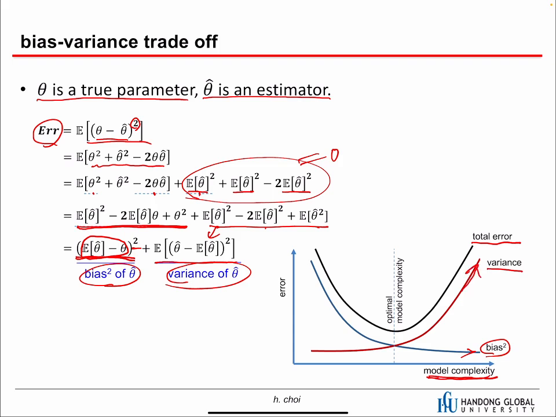So when the bias is high, this is probably underfitting, and when the variance is high, this is probably coming from overfitting. Since the error is a sum of these two, if we want to minimize this error, the optimal model complexity is around here, because this error is minimized at this point.